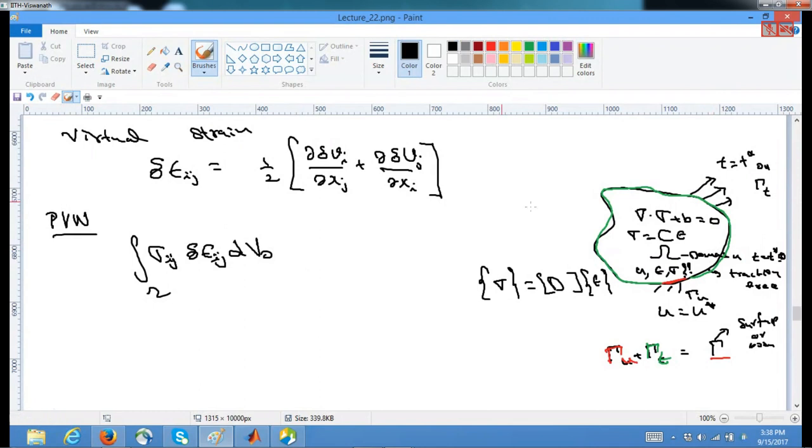So anyway, we'll come back to this problem. For the same problem, I have a certain virtual displacement dV on this thing. This virtual displacement is such that at this place my dV is equal to 0. That is the only consideration on this boundary gamma u.